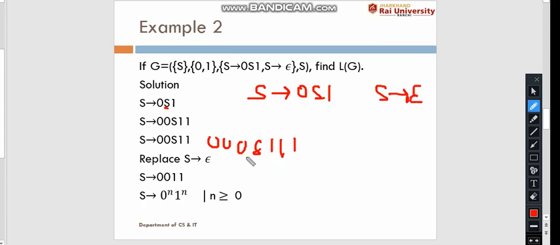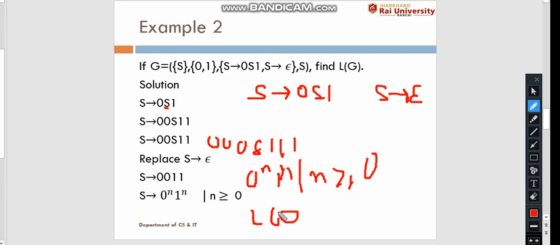So the given string can be written as 0011, or you can say it will be 0 to the power n, 1 to the power n, where n is greater than or equal to 0. So this is the language which is produced by the given grammar. L of G is equal to 0 to the power n, 1 to the power n, where n is greater than or equal to 0.